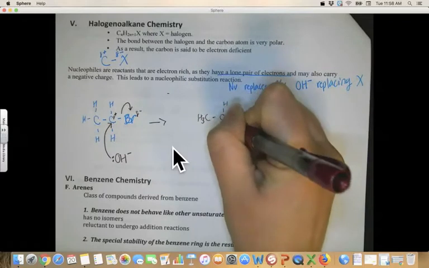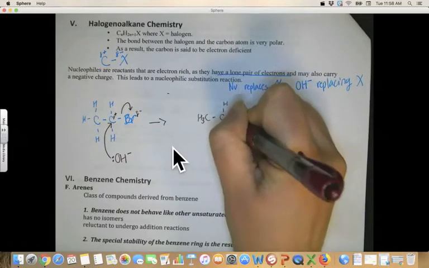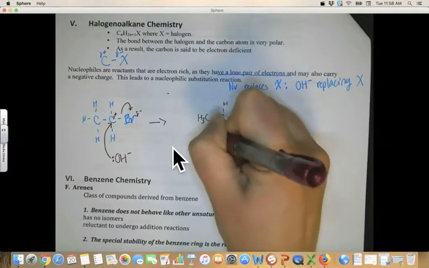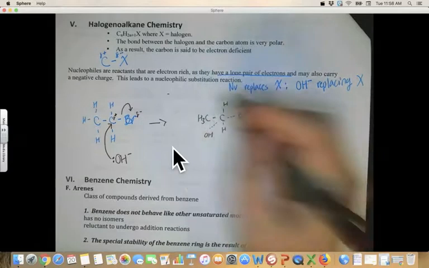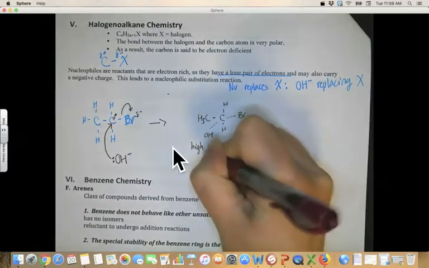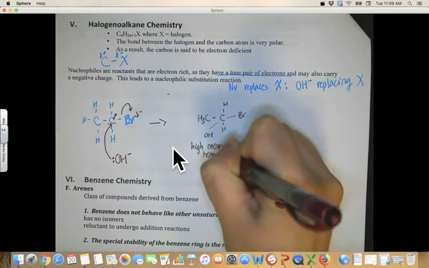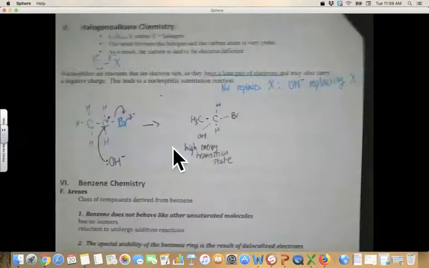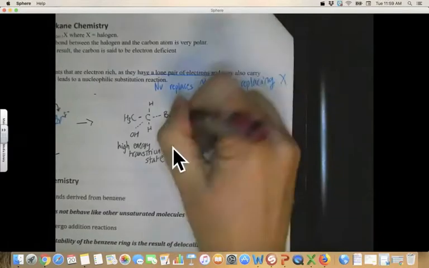And so what we're going to have temporarily, so much for my color coding, is this high energy transition state. Of course, that's very unstable. Carbon's only going to bond 4 times.